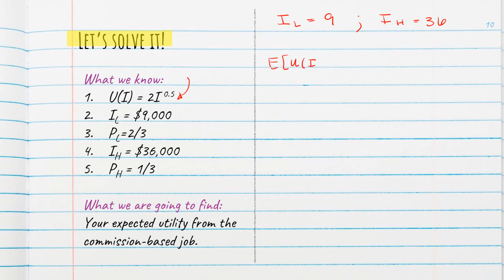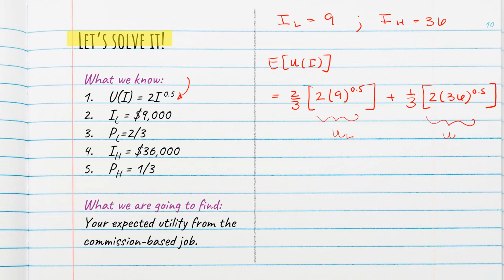So the expected utility from income is going to be equal to 2/3 times the utility from $9,000, which will be 2 times 9 to the 0.5, plus 1/3 times the utility from the $36,000 salary, which will be 2 times 36 to the 0.5. So notice we're taking the utility from the low salary and we're weighting it by the probability, and this is the utility from the high salary weighted by the probability.